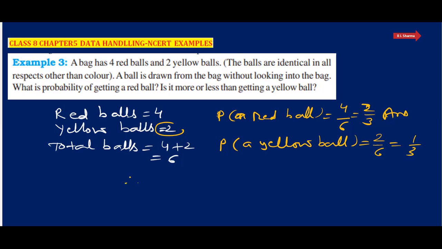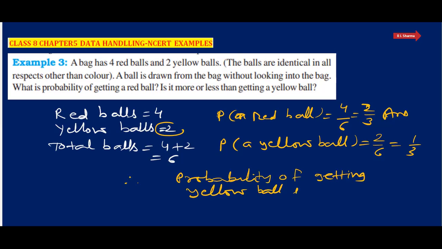So therefore we can say the probability of getting a yellow ball is less, because the probability of getting a red ball is 2 by 3 and the probability of getting a yellow ball is 1 by 3. 1 by 3 is less than 2 by 3, so we can say the probability of getting a yellow ball is less.